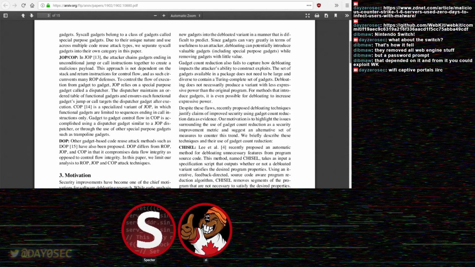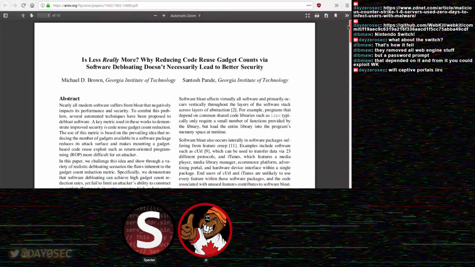Yeah, I remember seeing that too. In most cases, it was like 20 of 24 cases, it was just different and fewer gadgets, but it did introduce new gadgets, which is one of their arguments. By the title, their whole point is that reducing your software size or debloating doesn't necessarily lead to better security.